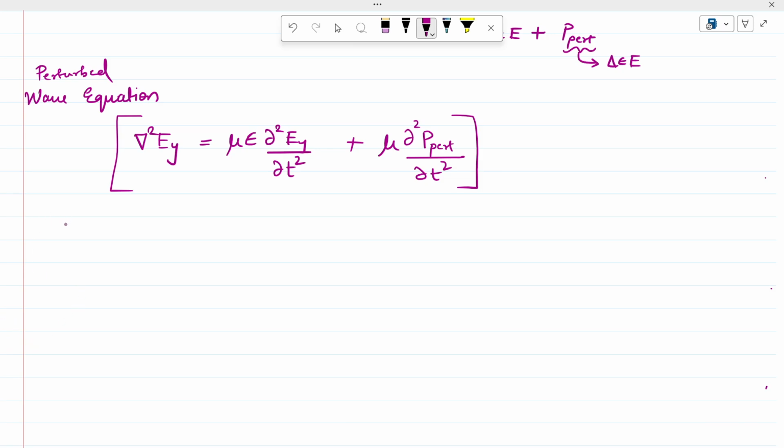So this brings us to think about the approach that we can use to solve such an equation. The approach that we use is the perturbation theory approach. So first what we do is we find eigenmodes of the unperturbed system.